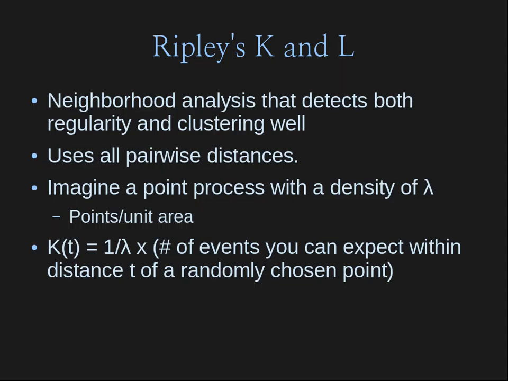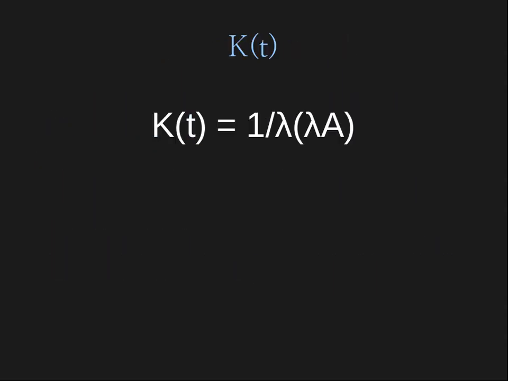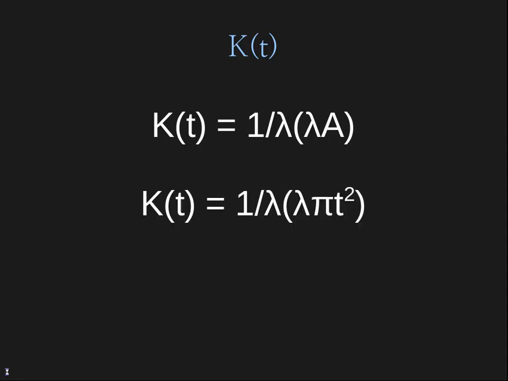All we have to do is multiply the area by the density, and that gives us how many we can expect in there. It's really easy, and we can figure it out because we have the radius. So again, we have the area times the density, and then as we define it, times 1 over this. The area is just pi r squared, but in this case we're defining t squared, so pi t squared.